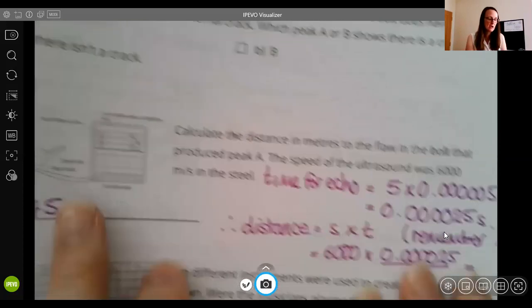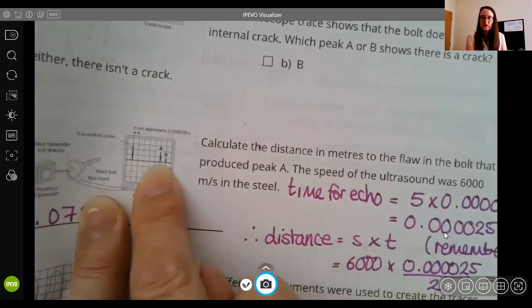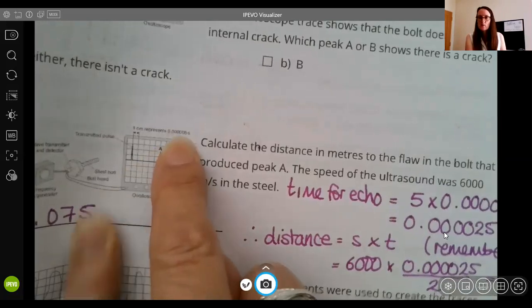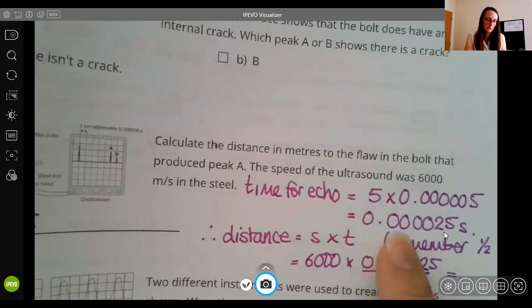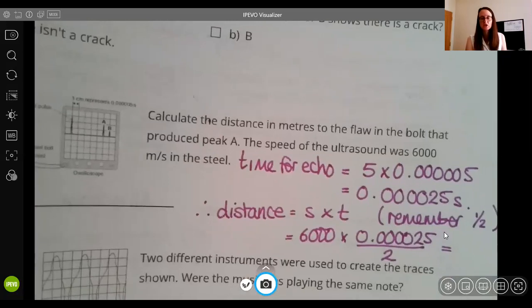So here we can count that it's taken 5 squares for that ultrasound echo to return, and 5 times the time for 1 square gives us 0.00025 seconds. But we have to remember this is an echo process, so the sound has gone to the crack and back, so we must divide it by 2.